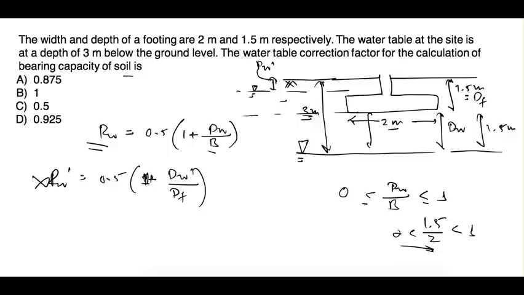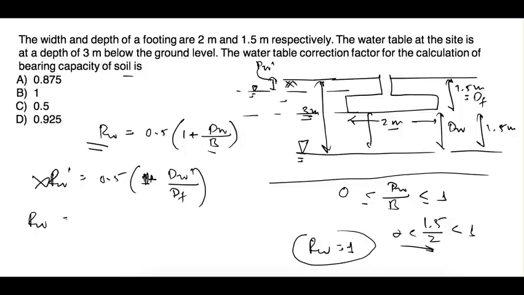If this ratio is greater than 1, then Rw is simply equal to 1, which means the water table is not affecting the bearing capacity. So Rw is equal to 0.5 (1 + dw divided by b), with dw as 1.5 and b as 2 meters. This value comes out to be 0.875. This is the answer.